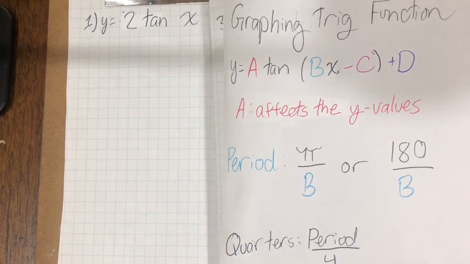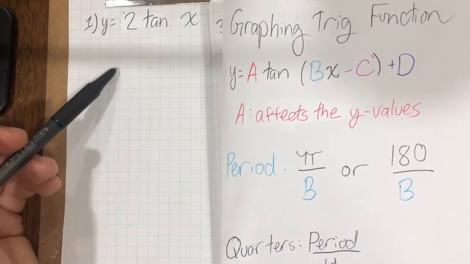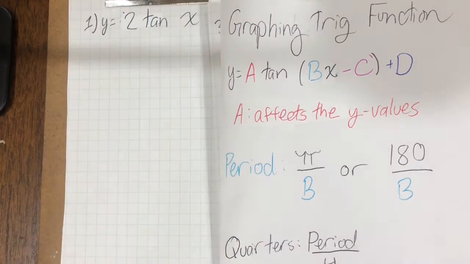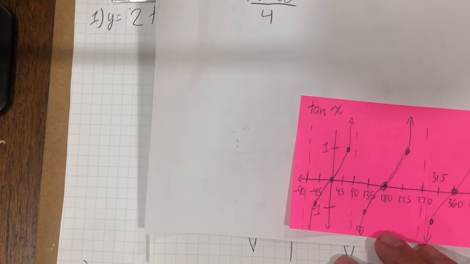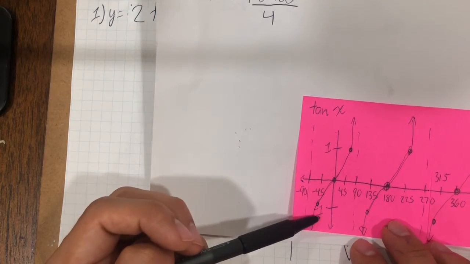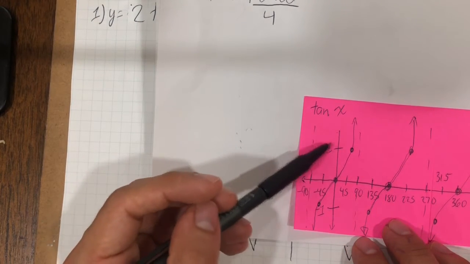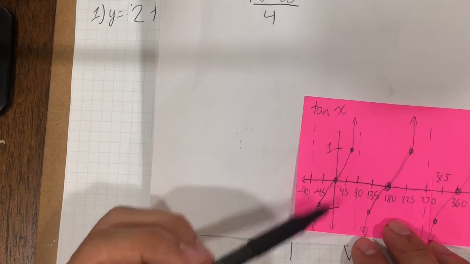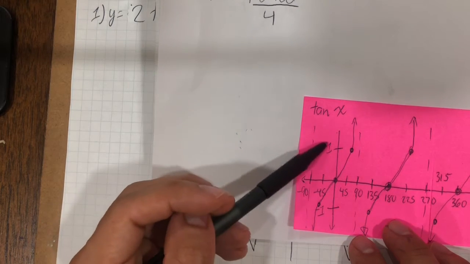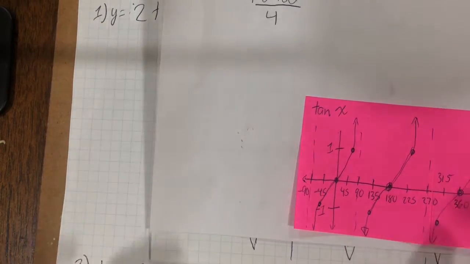That means the 2 represents my value for A, which is going to affect the y values. So instead of having 1 and negative 1 as the highest and lowest numbers to easily plot, it is now going to be positive 2 and negative 2.